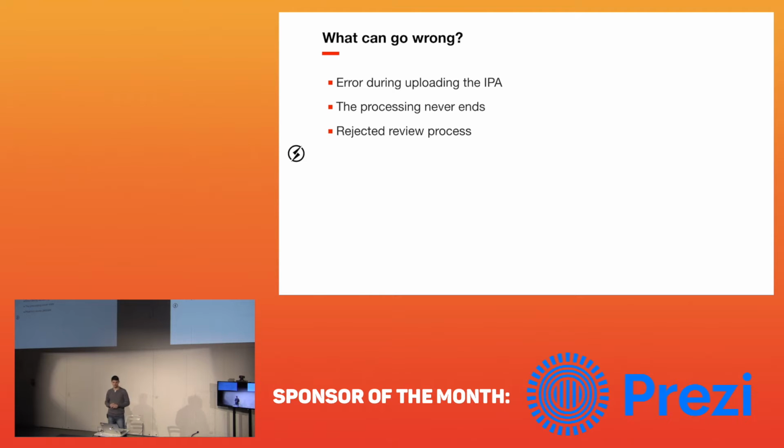If you understand what the problem is, there are two ways, I believe. Either you have to create a new build, or you can just write a message to the review team. If you have to create a new build, you have to start the process over again. So Xcode build, upload, wait for the processing to finish, and then send a new build to review.